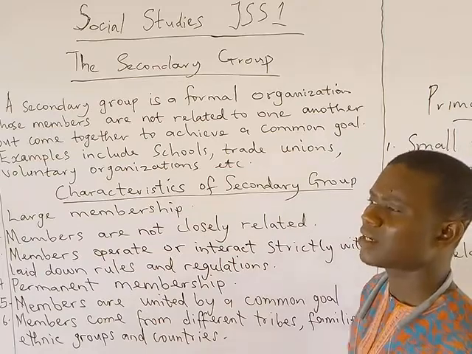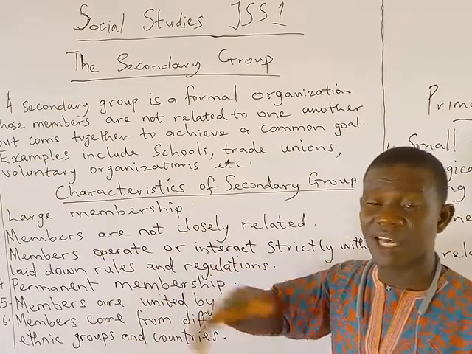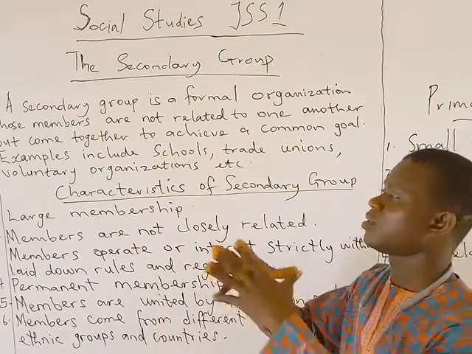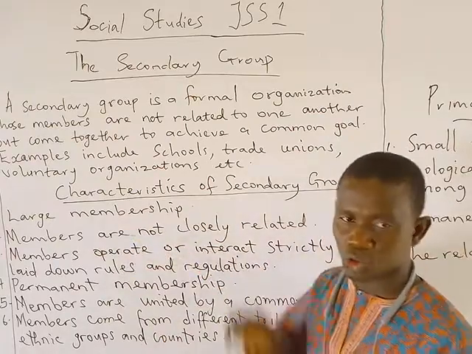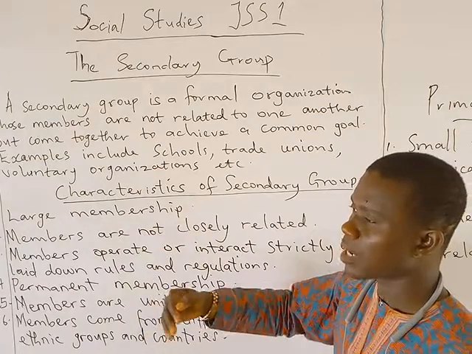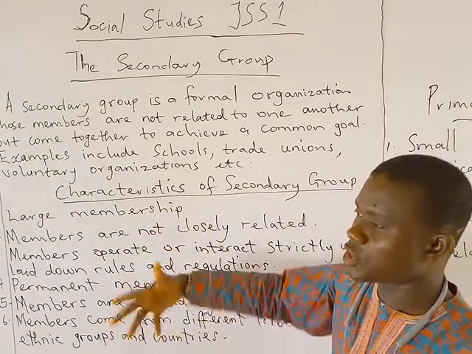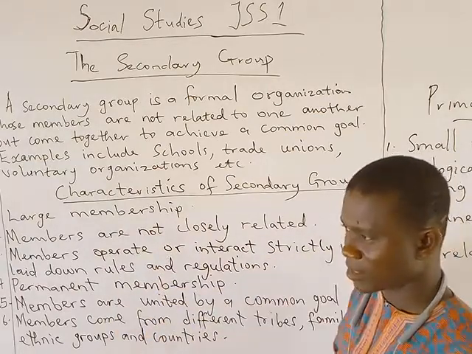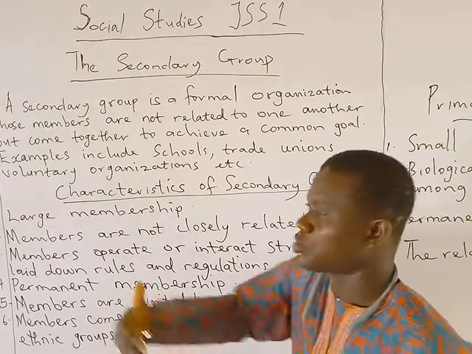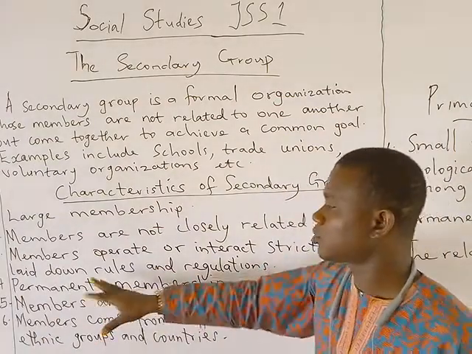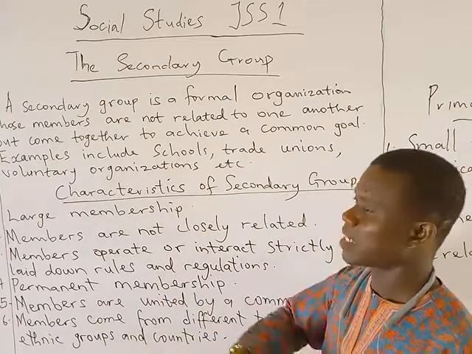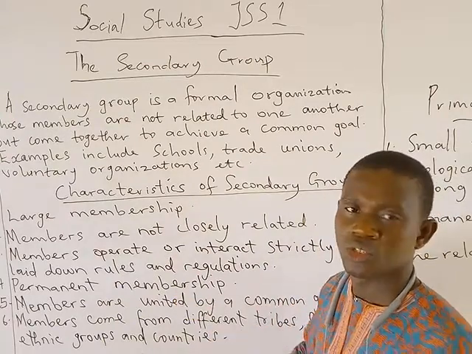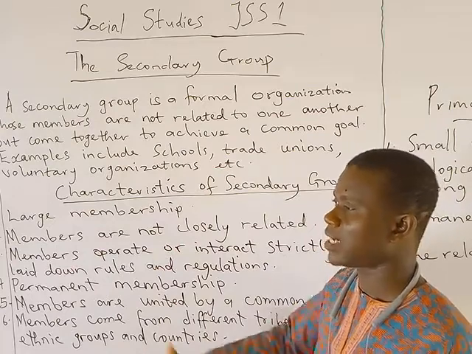That is one. Then another difference that you will see between primary and secondary group is that in primary group, biological relationship exists among members, meaning that members are biologically related.